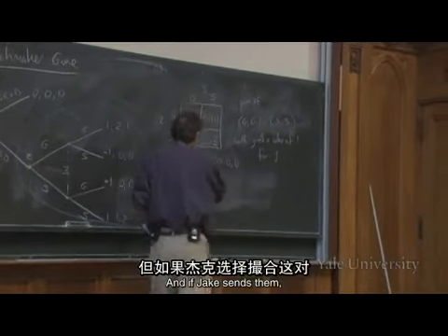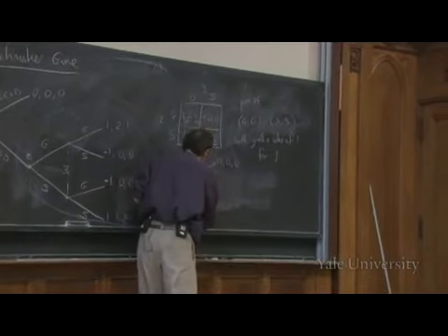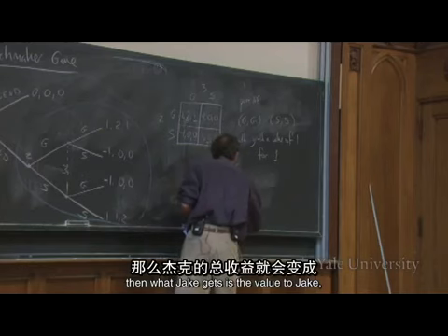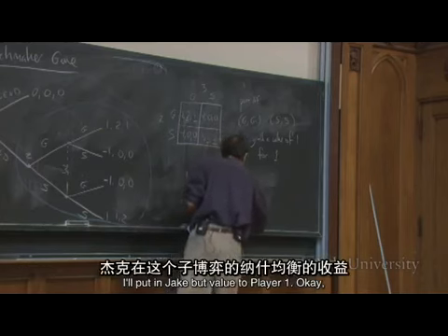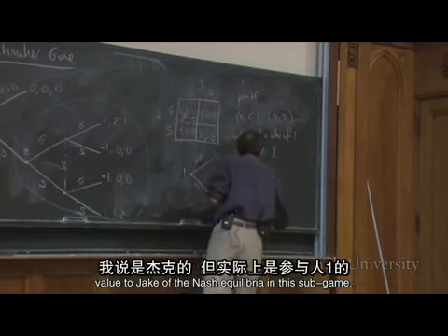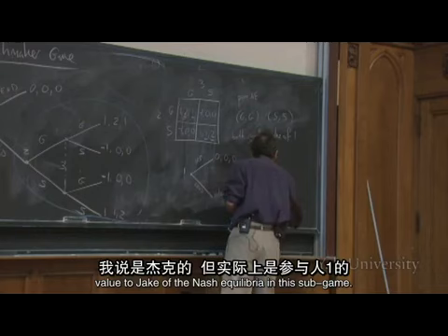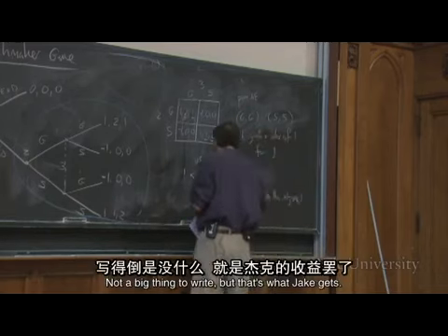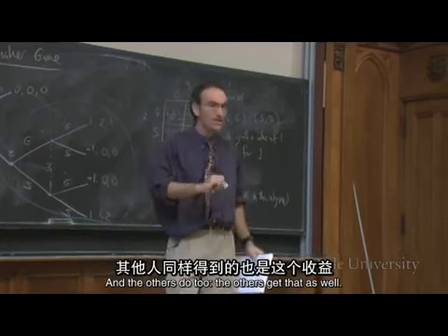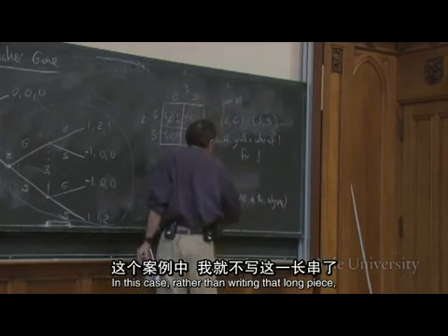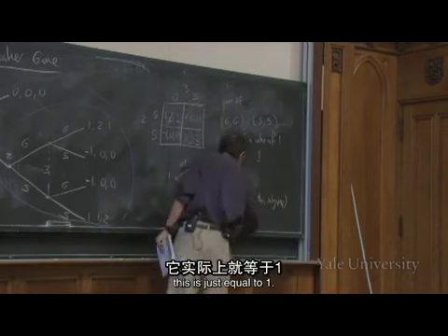And if Jake sends them, then what Jake gets is the value to Jake, okay, value to player 1, value to Jake of the Nash equilibria in this subgame. Right, rather a big thing to write, but that's what Jake gets. And the others get that as well. And in this case, rather than writing that long piece, this is just equal to 1.